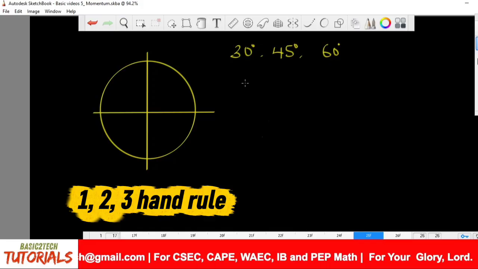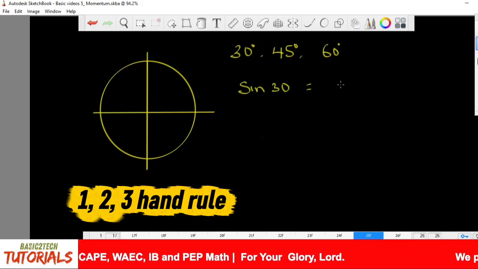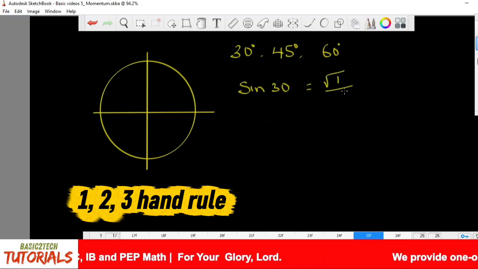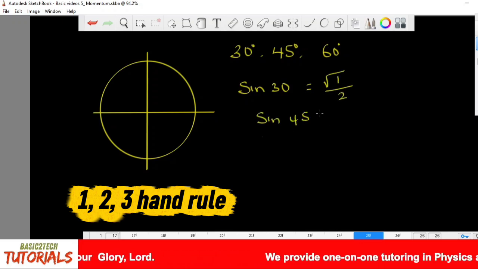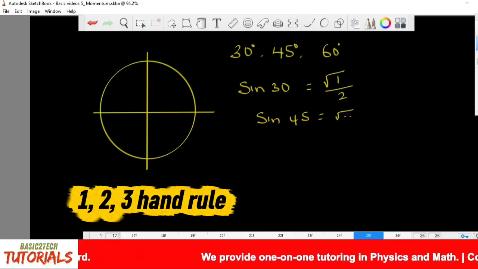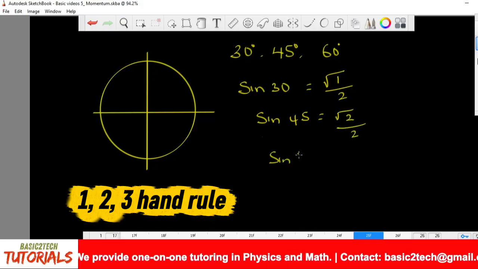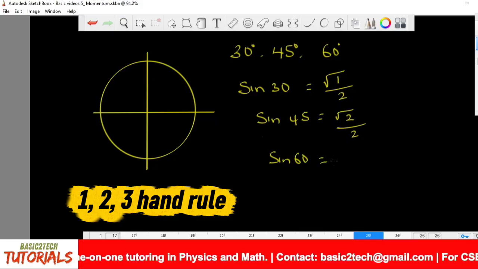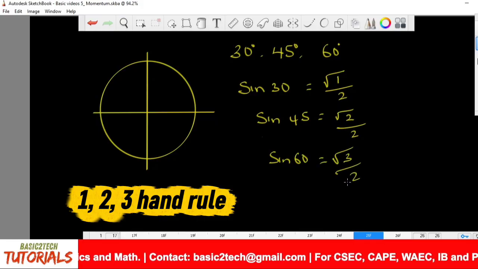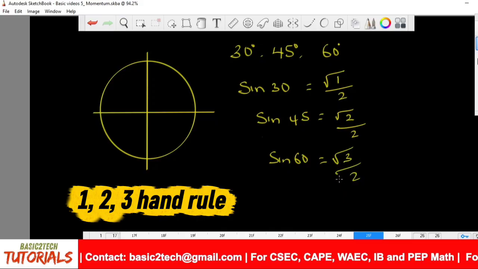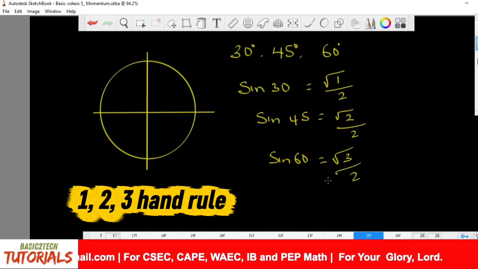For example, sine 30 will be root 1 over 2. Sine 45 will give us root 2 over 2. And sine 60 will give us root 3 over 2. 1, 2, 3 under the root sign. That is the pattern for sine.